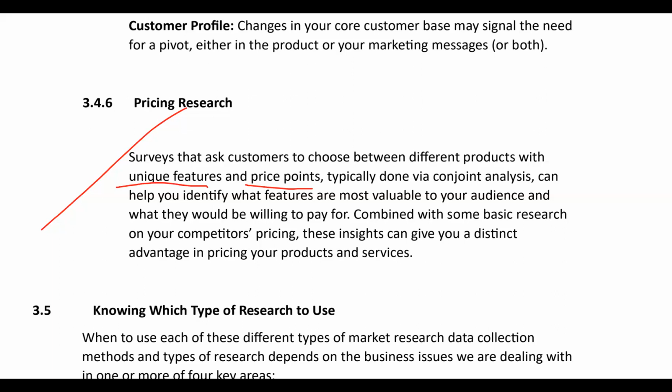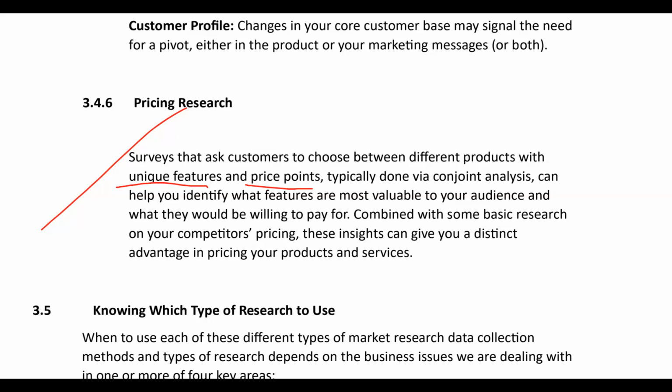Combining this with some basic research on your competitors' pricing, these insights can give you a distinct advantage in pricing your product or your services. It's not just a matter of waking up and saying, we are going to price our products or services at this amount, because when you price, you are signaling the value of the product or service that you are offering.